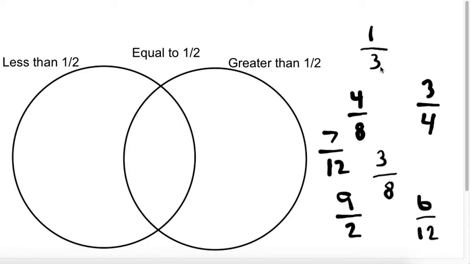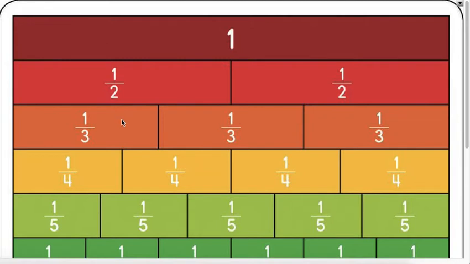Well, 3 is an odd number, so my half of 3 is actually going to be a decimal, and so I could say that half of 3 is 1.5. Well, 1 is less than that, so that means that 1/3 is less than a half. Okay, and if we come back here, we can check that, right? Here's 1/3 in orange, here's 1/2, and a half is clearly bigger than a third.